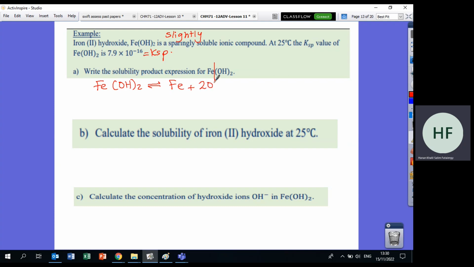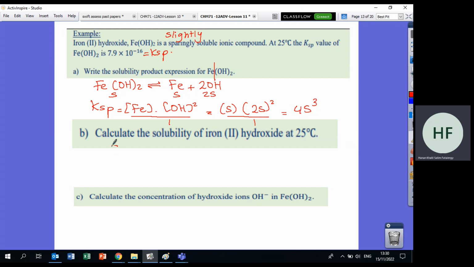Fe plus 2OH. So the KSP equals, if this is S, this one is S, this one is 2S. Fe times OH squared over 1, which is S times 2S squared over 1. So the answer will be 4S cubed.